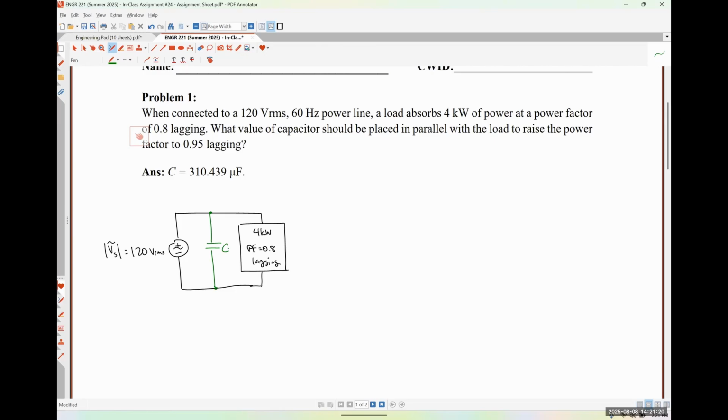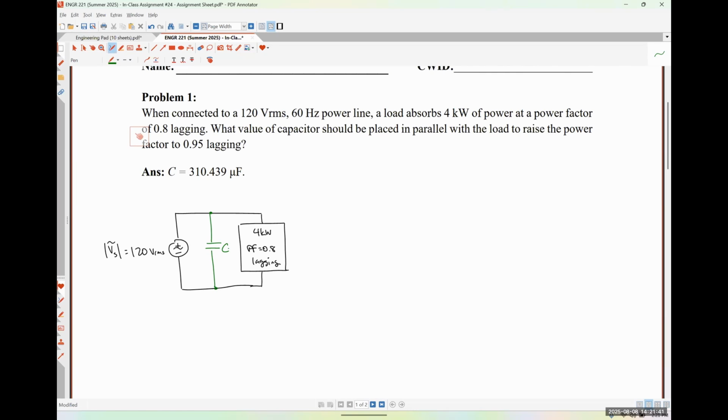This is a simplified representation, but it's literally what is done in industry. We figure out what value of capacitor, usually a bank of capacitors, and then mount it on the pole next to the transformer supplying voltage to whatever we're trying to power.